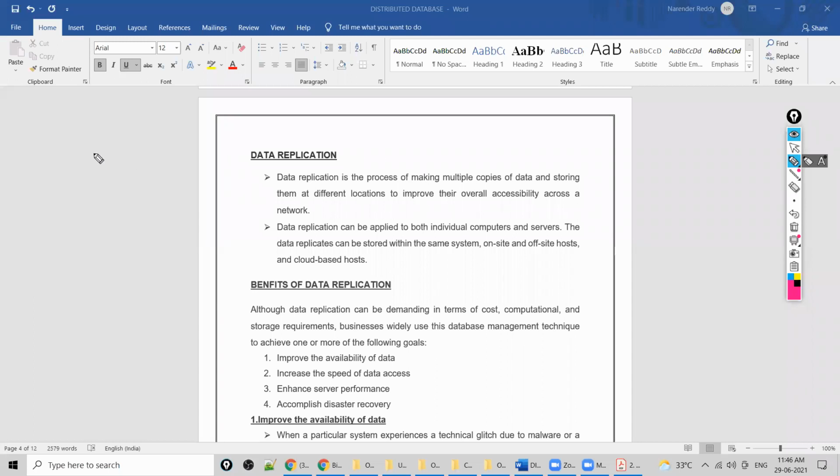For example, you can observe here we have some data. I want to save the same copy in different locations for future purpose. Simple one.